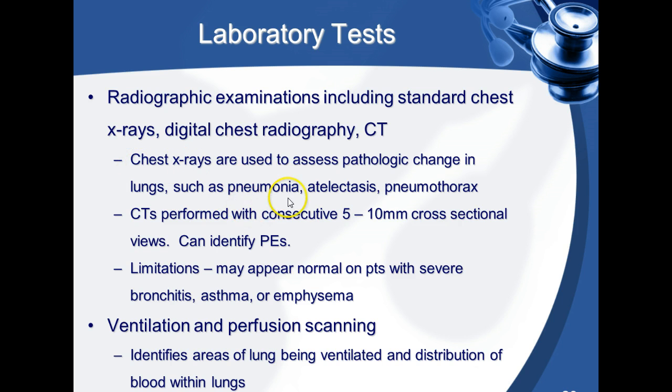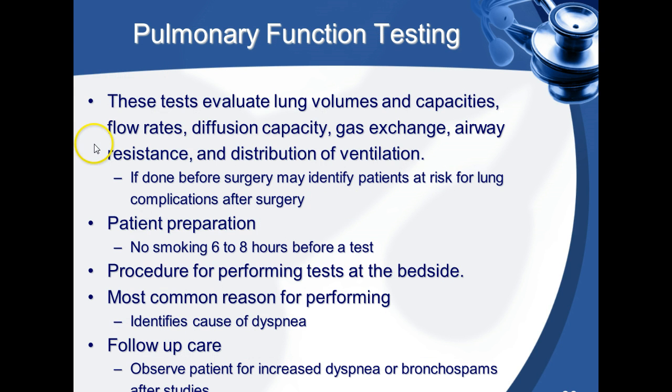That's basically their way of saying pneumonia, atelectasis, and pneumothorax, and those are all collapsed lungs. CTs can identify pulmonary embolisms, and I just want you guys to be aware of these various tests here and what you need to do.